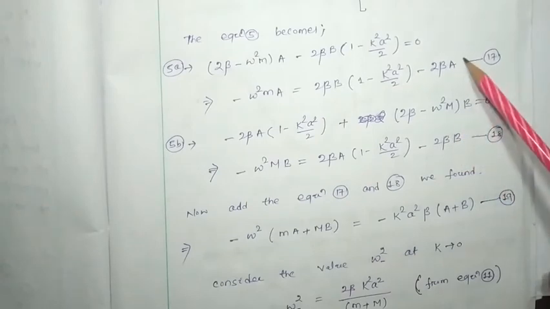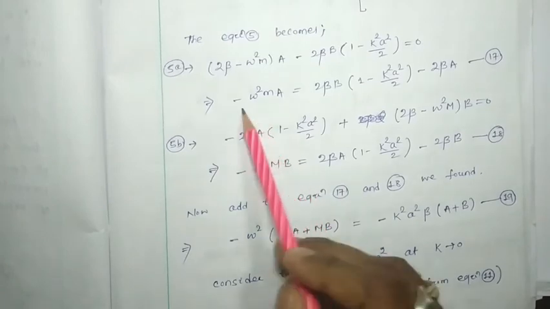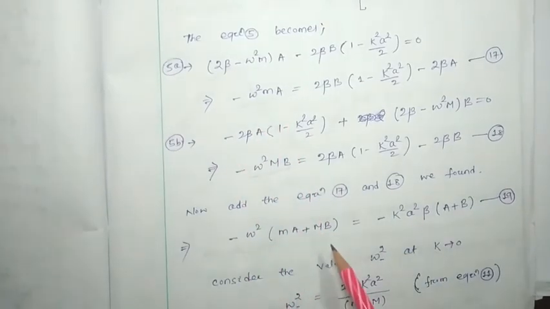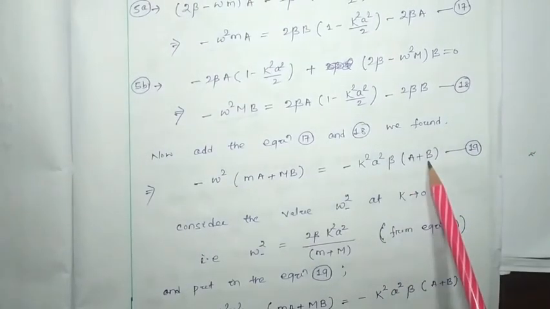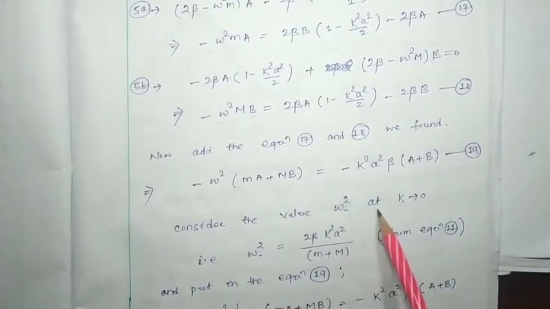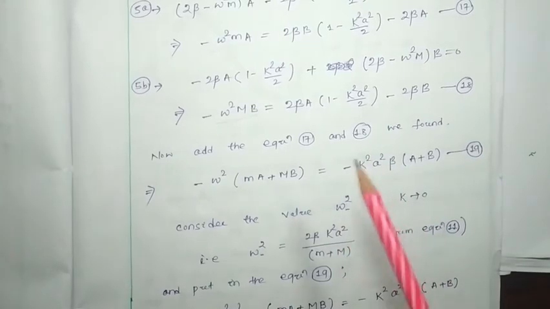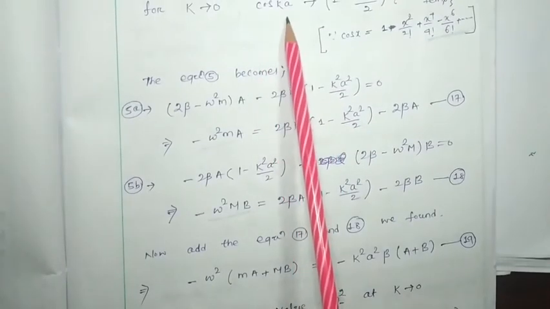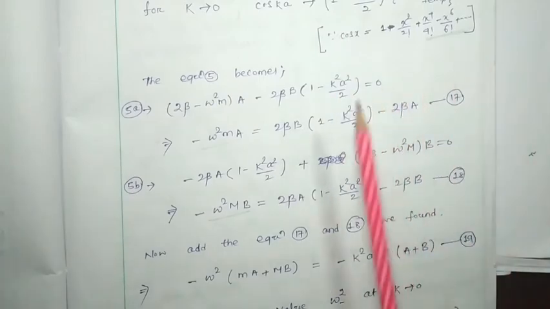If you add these two equations, you can find the left hand side is −ω²(ma + mb) which will be equal to −K²a²β(A + B). Let it be equation number 19. Consider the value of ω² at K tends to 0. Here we are considering K tends to 0, so cos K is somewhat less than 1.